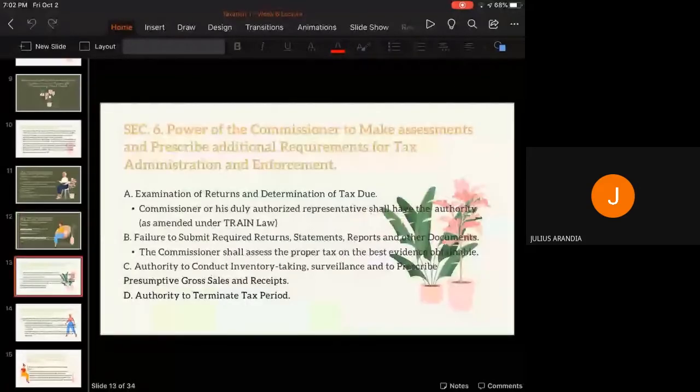Section 6. So these are the powers of the Commissioner to make assessments and prescribe additional requirements for tax administration and enforcement. So the first is examination of returns. So these are your tax returns and determination of the amount of tax due.